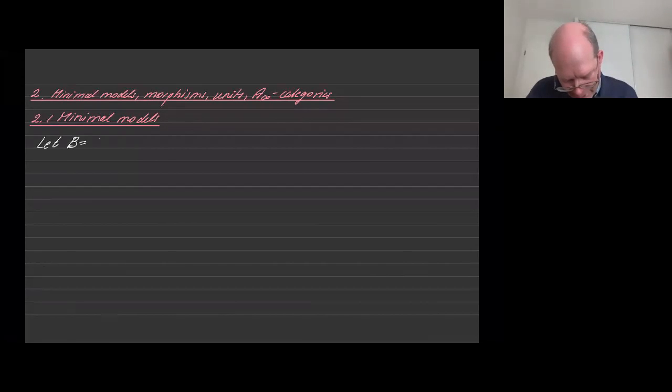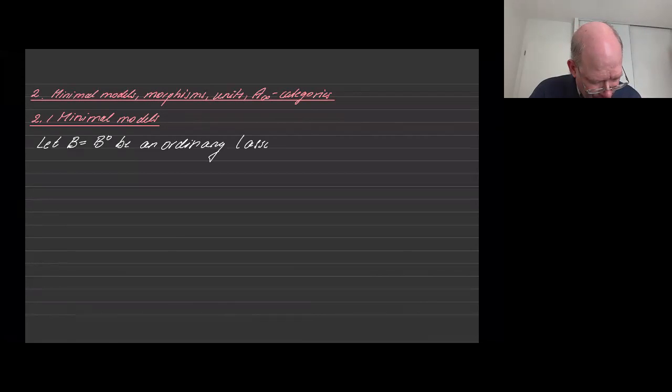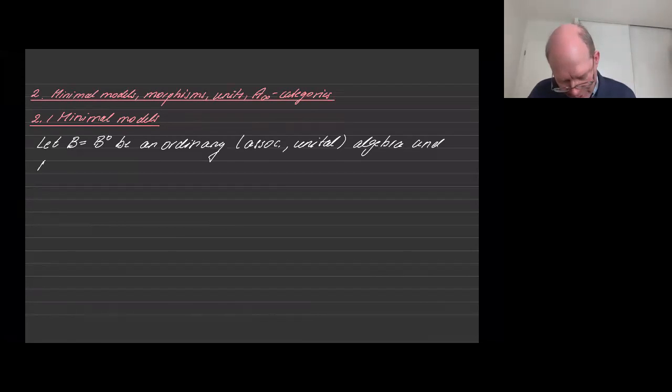We take B concentrated in degree 0, an ordinary associative unital algebra, and we take some B module.